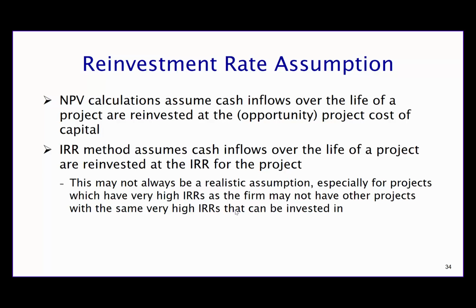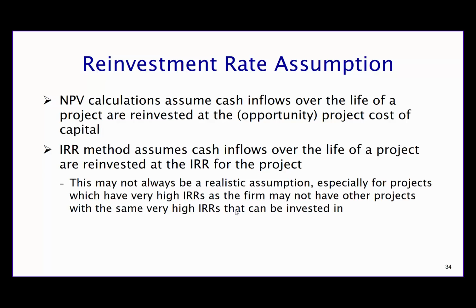You have some project with a 48% IRR. Well, to actually earn as a realized yield an IRR of 48% would require that those cash inflows that are received in years 1, 2, 3 through year end are reinvested at 48%. If they're instead reinvested at something closer to the project cost of capital, which is more realistic, of say 12%, you won't earn 48%.